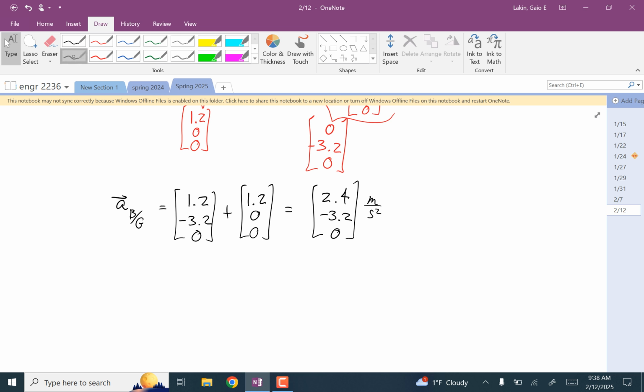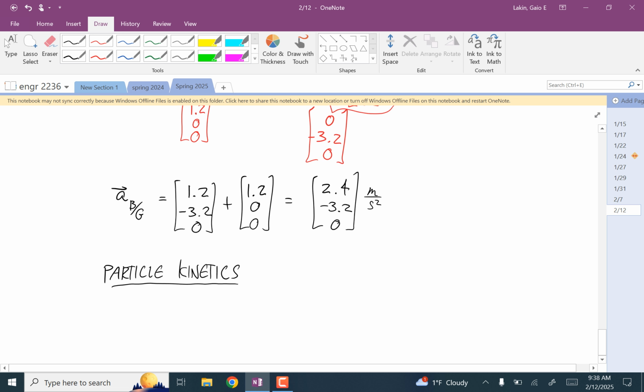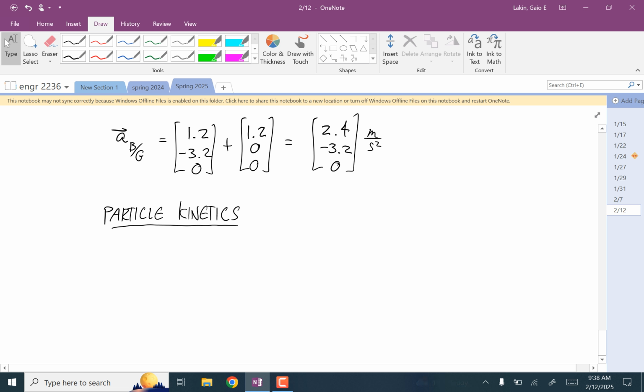Okay, so now we're going to get into the next topic, particle kinetics. And particle kinetics are governed by a single equation of motion.